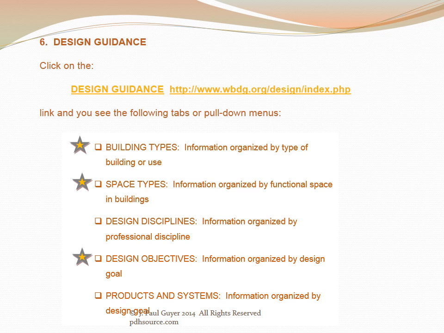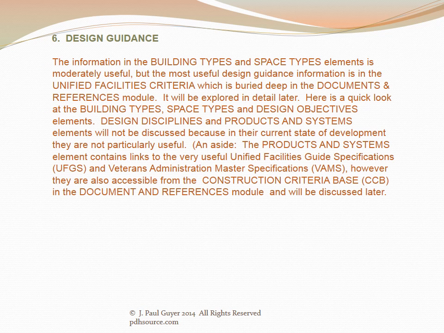Design disciplines and products and systems are not particularly useful. The information in the building types and space types elements is moderately useful, but the most useful design guidance information is in something called the Unified Facilities Criteria, which is buried deep in the Documents and References module. It will be explored in detail later.